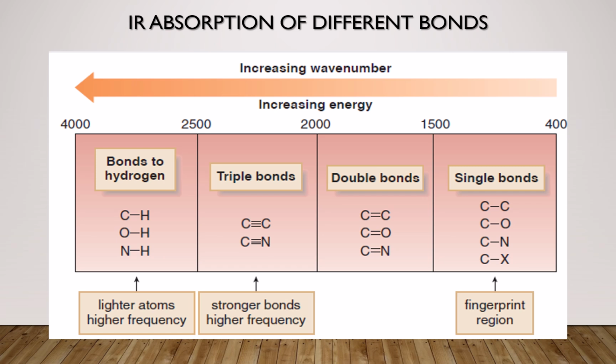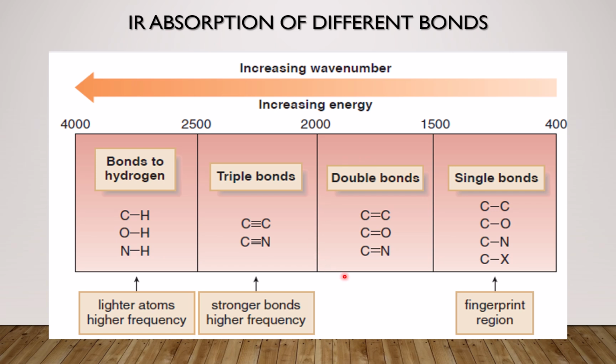If I talk about IR absorption of different bonds, depending upon whether you have a single bond, double bond, or triple bond in the molecule, or atoms bonded to hydrogen, we can have different regions. For example, the fingerprint region is generally utilized to find carbon-carbon single bonds, carbon-oxygen, carbon-nitrogen, or carbon-halogen single bonds, from 1500 to 600 or 400 centimeter inverse.